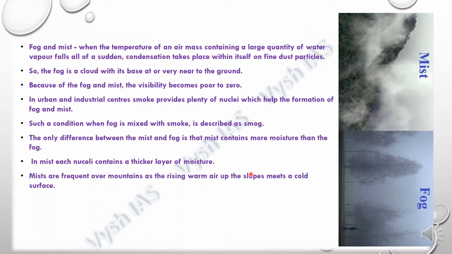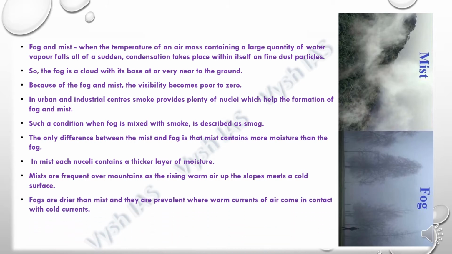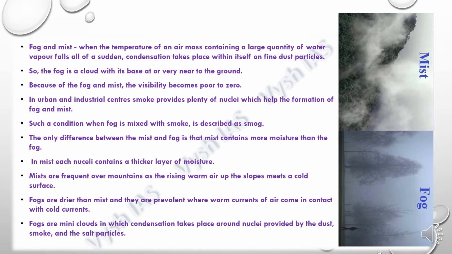These mists are very frequent over mountains, as the rising warm air which goes up the slopes meets the cool air at the surface. Fogs are drier than mist, and they are prevalent where warm currents of air come in contact with cold currents.